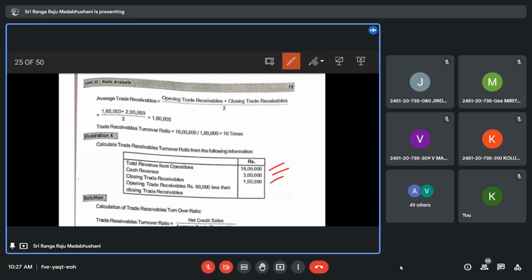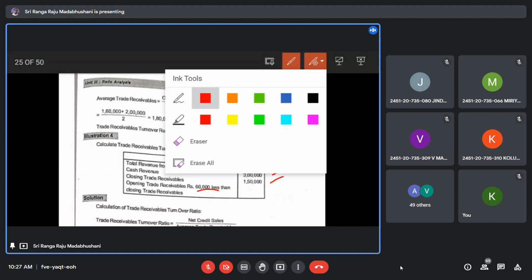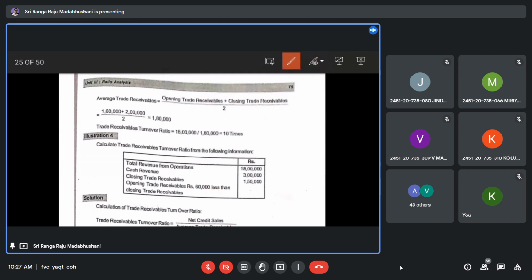Opening trade receivables is 60% less than the closing trade receivables. So opening trade receivables is 60% less than 1 lakh 50, which is 90,000.